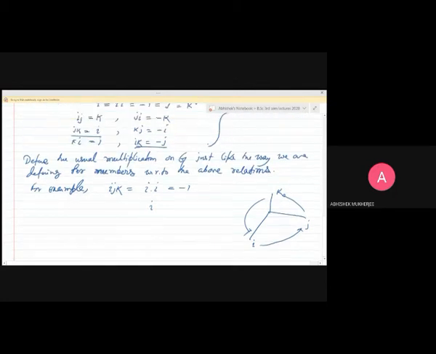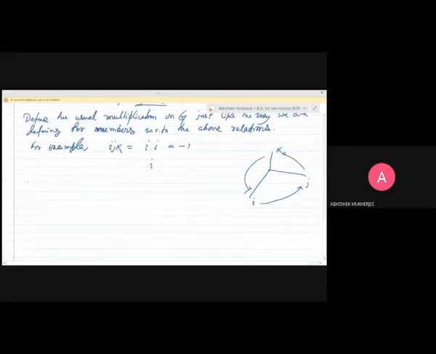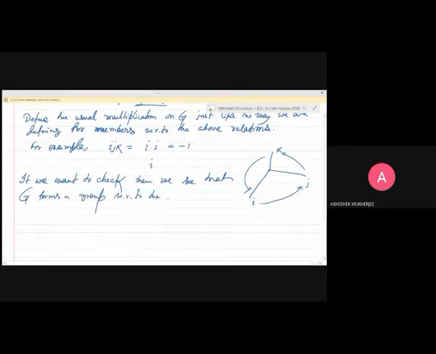And so if we want to check, then we see that G forms a group with respect to the given multiplication.